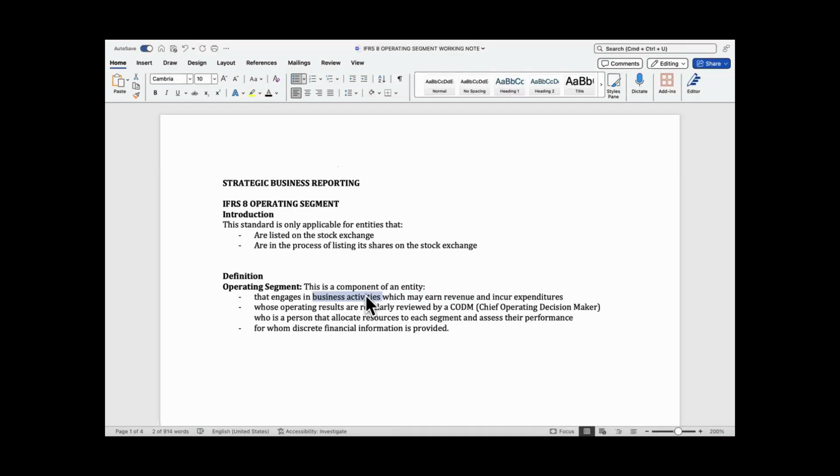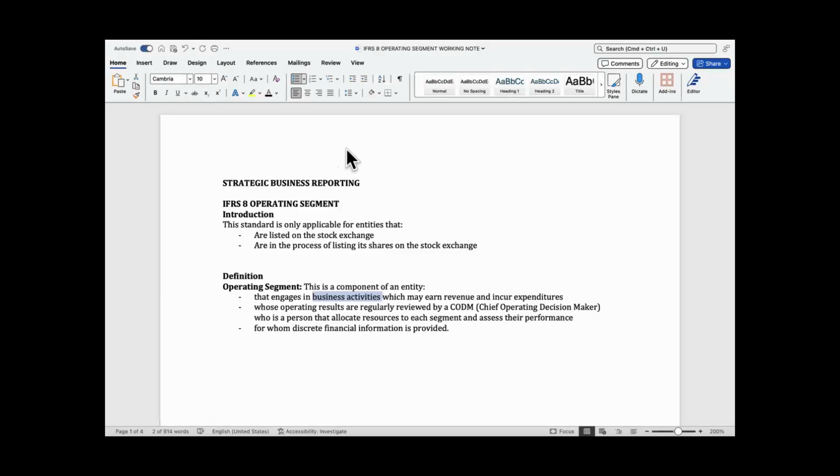So a research and development center of an organization can be an operating segment even though it does not earn revenue, but it's carrying out business activities. If it's carrying out business activities, then it can be seen as an operating segment, except if it is not carrying out any business, like the HR department of an organization.